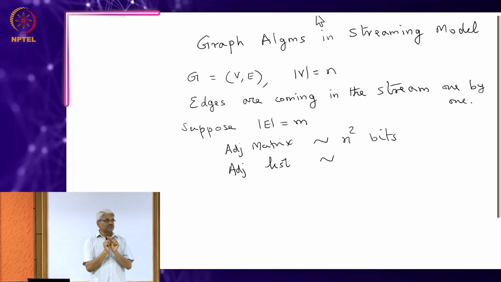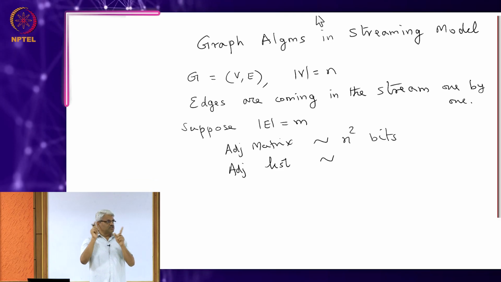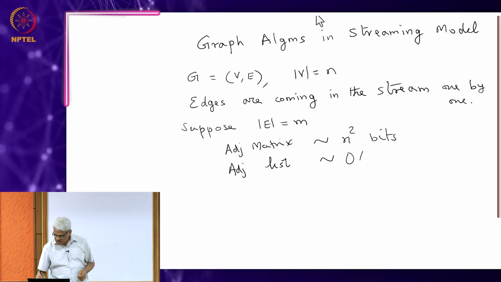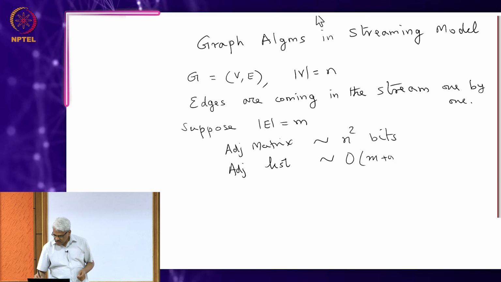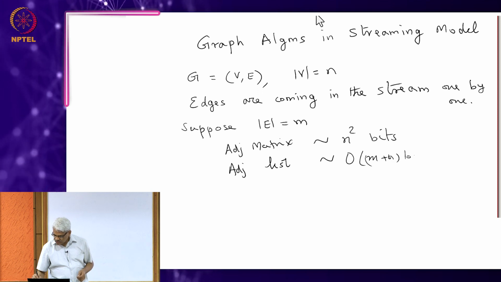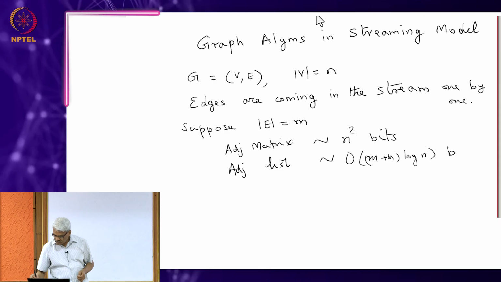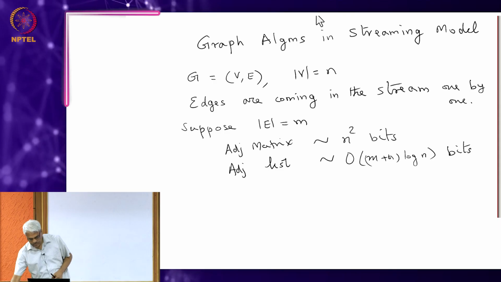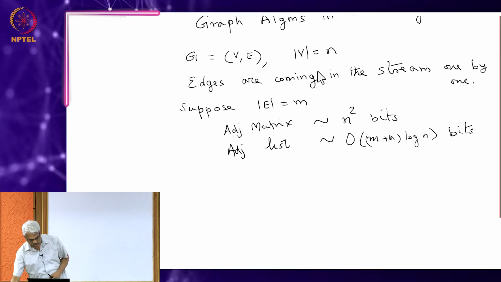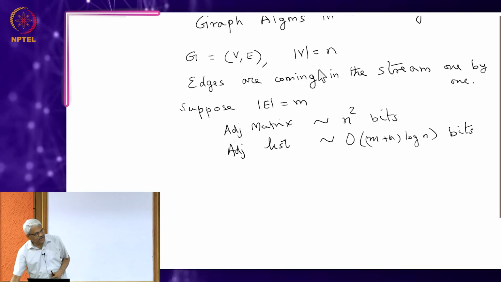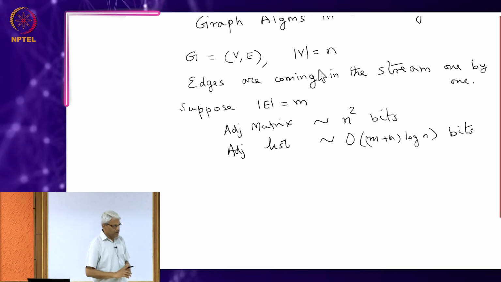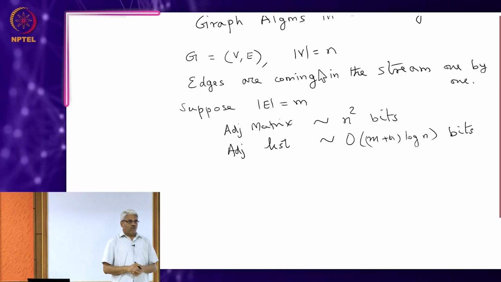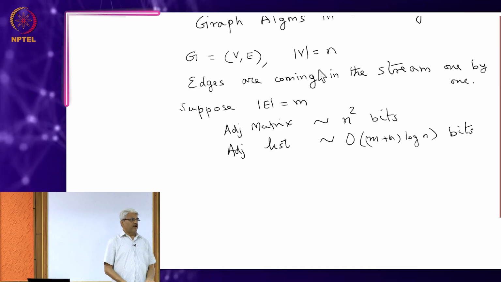Now each cell is some sort of a pointer or an address in the range 1 to n, so I will add some log n bits for it. So it's something like (m plus n) log n bits. Since I said that time to solve your problem is not going to be important, one possible way is to just store the whole graph, right?